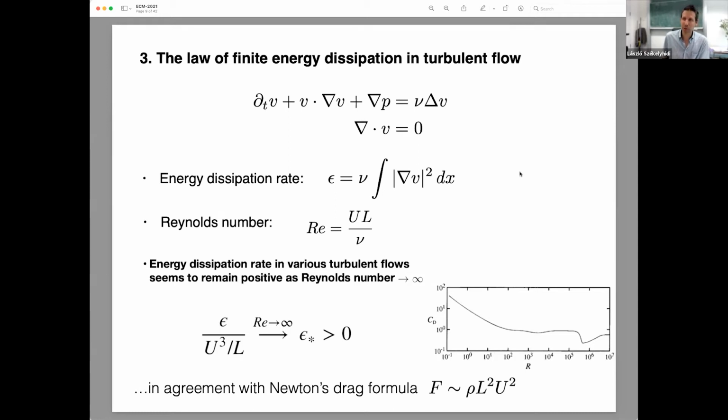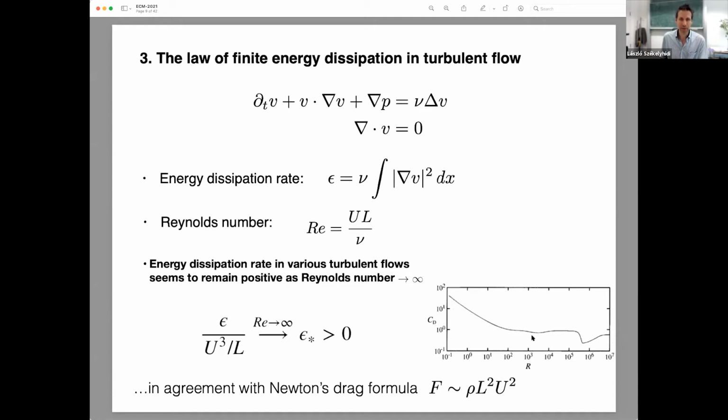But what has been observed for more than 100 years is that this dissipation rate, as the Reynolds number goes to infinity, that is, if you keep the dimensions of the experiment fixed, that means that the nu is going to 0, stays above a finite positive number. So here is a rough picture of what a typical experiment would show.